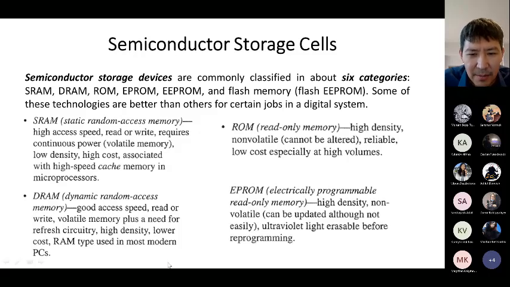So next, it's also ROM, but it's electrically programmable read-only memory. So actually, you can program it, but it's not easy. You need a special device, a burner. So actually, you can change the code inside this ROM.